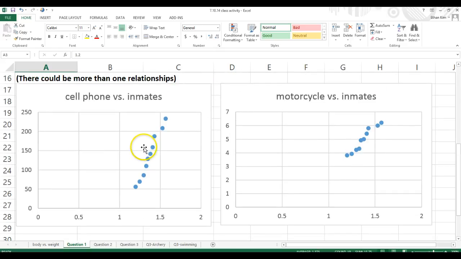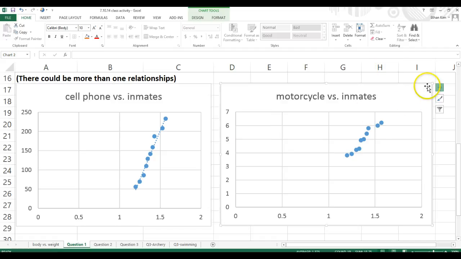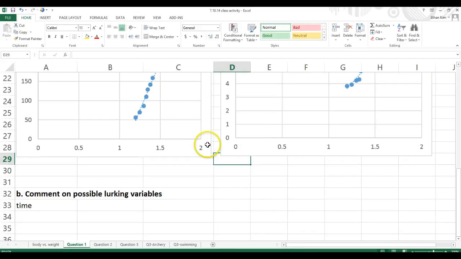If you look at the graph, it looks pretty straight to me. There seems to be a pretty strong linear relationship. If you draw a trend line, it's more visible now that there is a line, and we see a positive correlation.